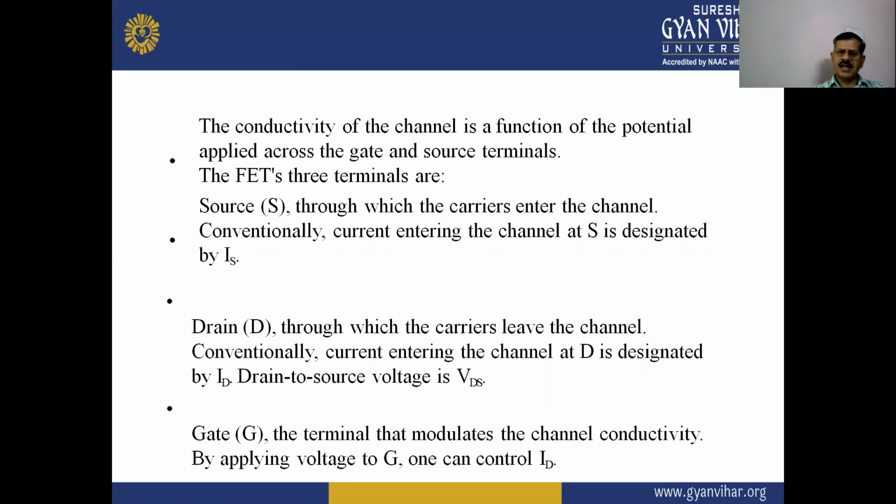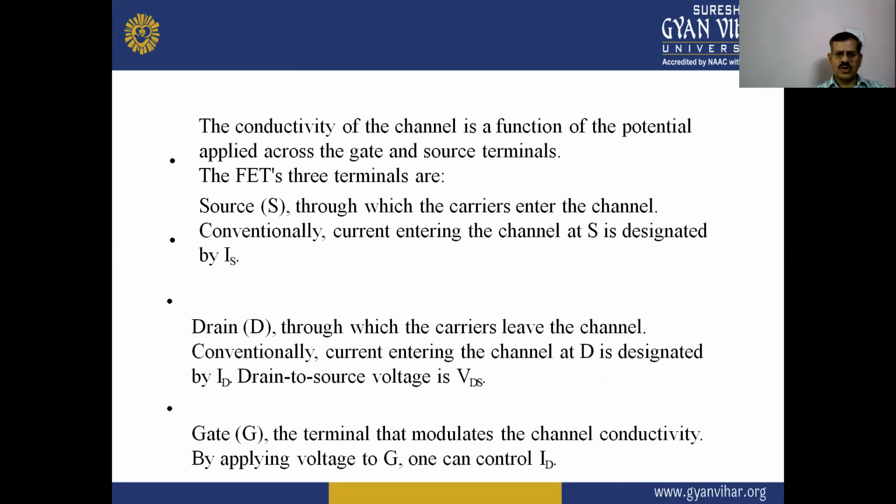Conventionally, current entering the channel at S is designated by IS, the source current. Next is the drain terminal, through which the carriers leave the channel. Conventionally, current entering the channel at D is designated by ID, the drain current.